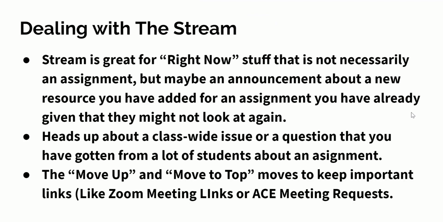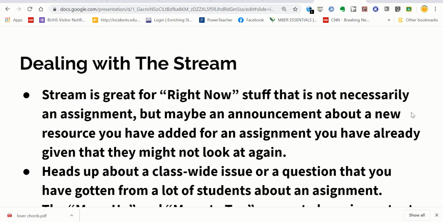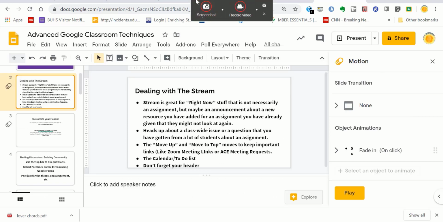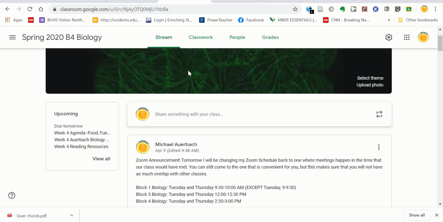Another thing that's really important on the Google Stream is the to-do list and the calendar. Let me go to my own Classroom, and I'll show you what I mean. If we look here on my Google Classroom stream, you'll see that the calendar is here, and that's actually pretty important, and it only shows up if you put due dates on your assignments.